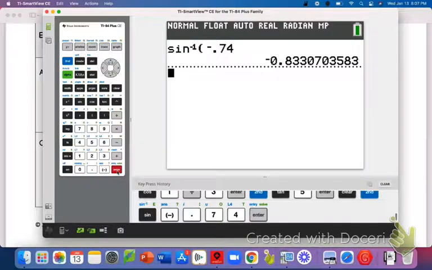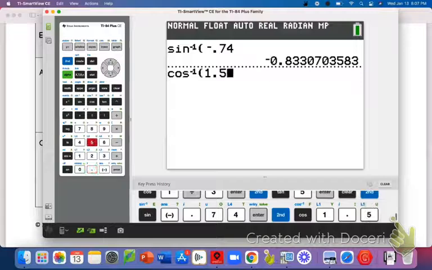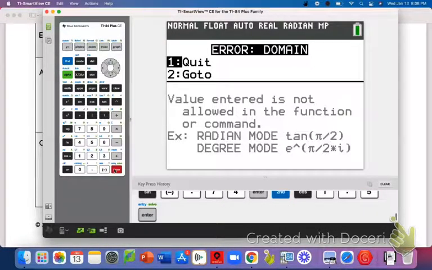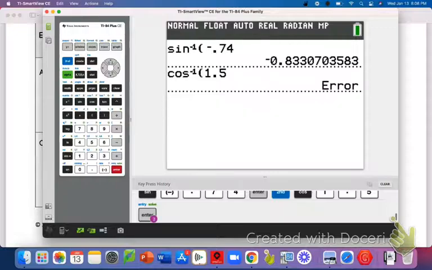Hit enter, and you get negative 0.83 if I go to 2 decimal places. B, cosine inverse of 1.5. Right there, that should be a red flag, because remember, my x needs to be between negative 1 and 1 for my domain. So, yeah, domain error right there. It gives it to you. So write undefined for B.